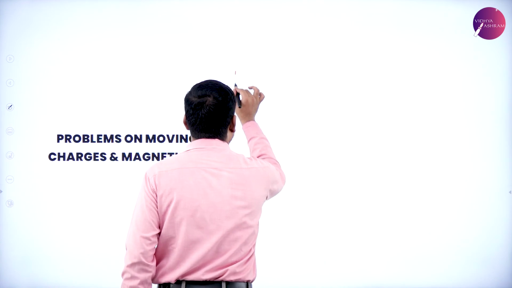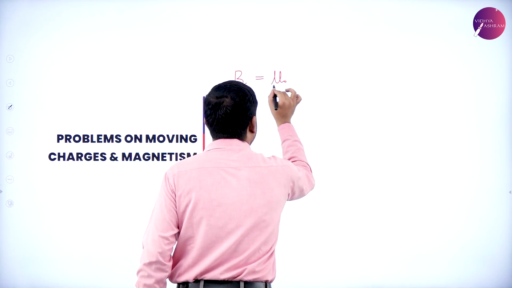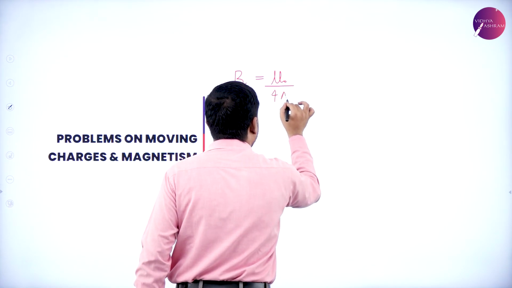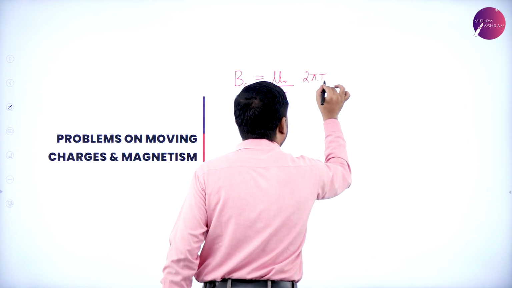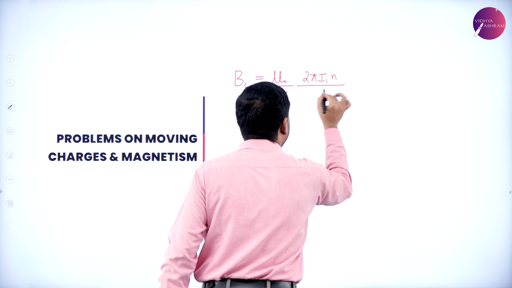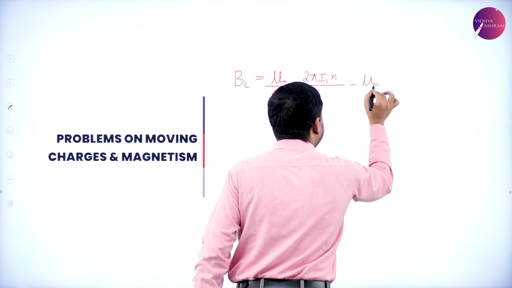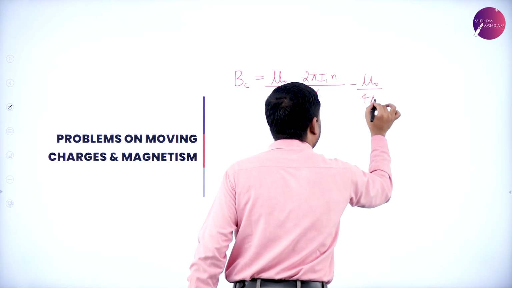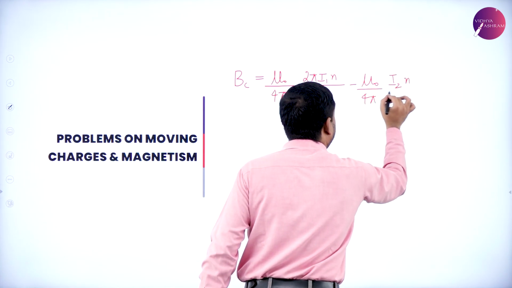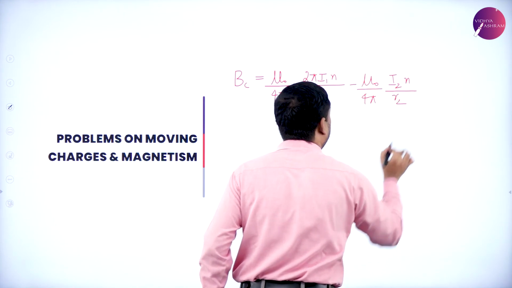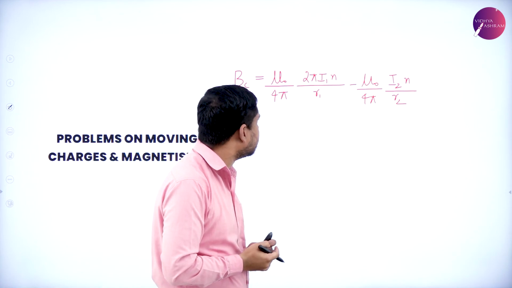So the magnetic field at the center will be mu naught by 4 pi, 2 pi I1 n divided by R1 minus mu naught by 4 pi, 2 pi I2 n divided by R2, because n remains the same.